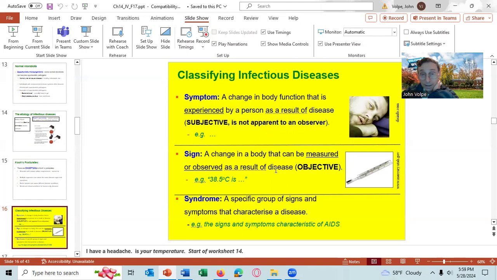A sign is a sign of illness which can be observed and measured, such as the temperature. A syndrome is a specific group of signs and symptoms that characterize a disease. For example, the signs and symptoms characteristic of AIDS are called the AIDS syndrome. Any question about any of that?